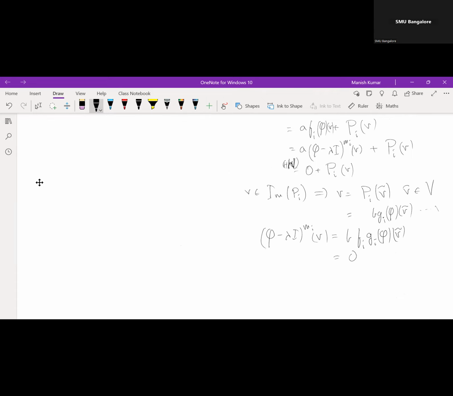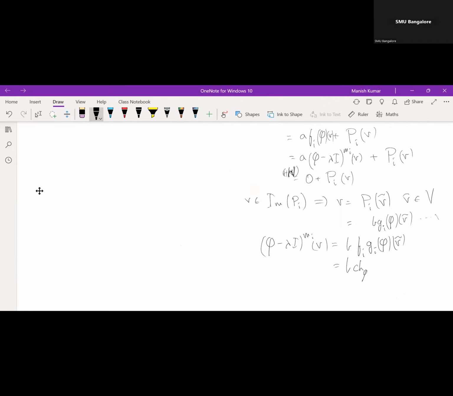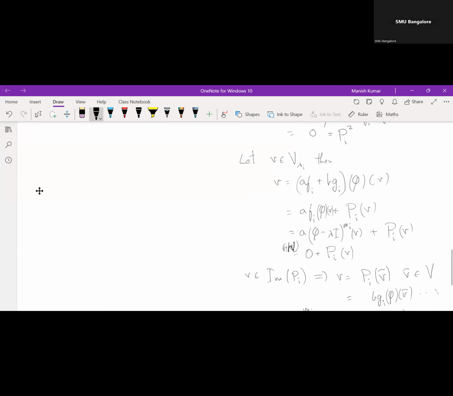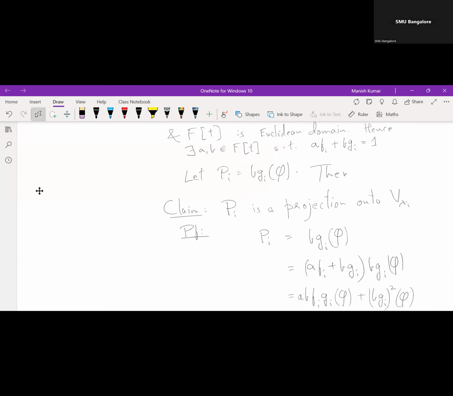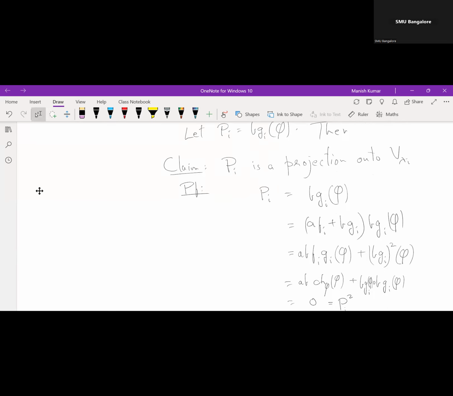So this is b times the characteristic polynomial of phi applied to v tilde, which of course we know is 0. So this tells you that v belongs to V lambda I. So we got that pi is a projection operator on V lambda I. Is that okay, everyone? We proved that pi square is pi, and the image of pi is V lambda I, and hence it is the projection operator on V lambda I.